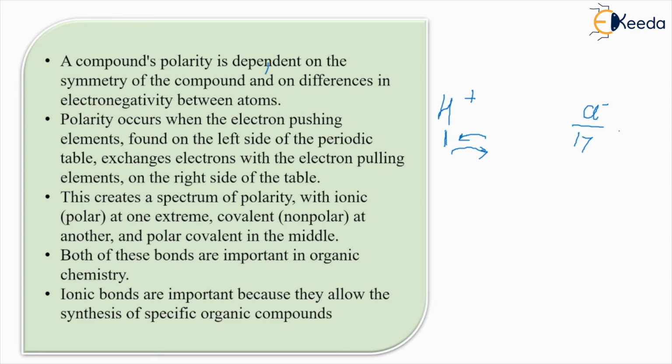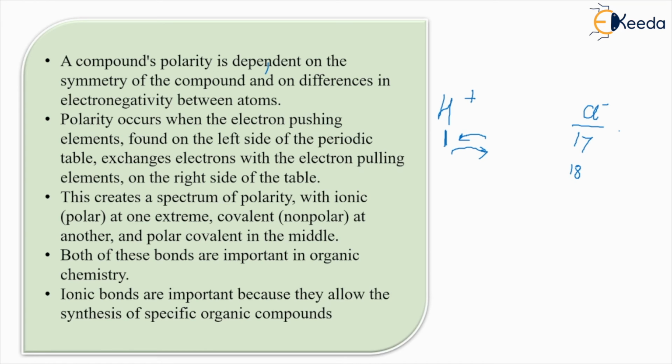Since it just has one electron, it can just push out and chlorine can take in, giving 18 over here. So that is how the polarity occurs, a positive and a negative. This creates a spectrum of polarity with ionic, which is polar, on one extreme, covalent, which is non-polar, on the other extreme, and something in the middle, which is the polar covalent bond.